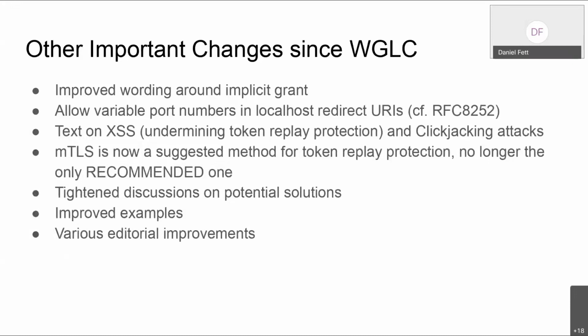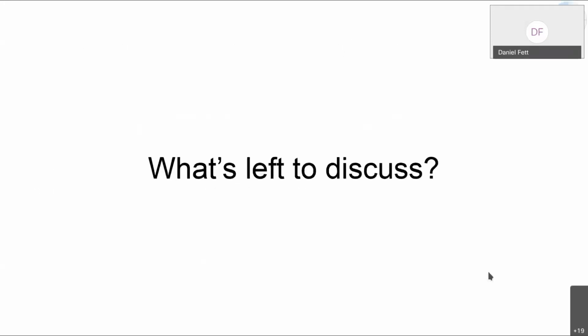And we improved the examples, also feedback we got from the working group last call. And of course, we made several editorial improvements. So these are the changes in a nutshell that we made since the last working group last call.